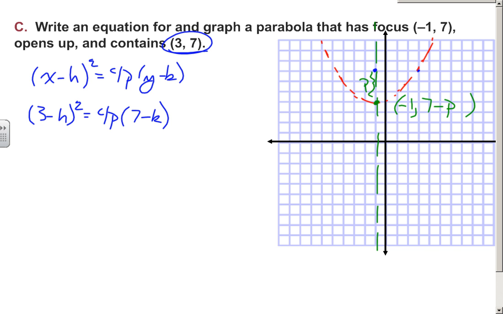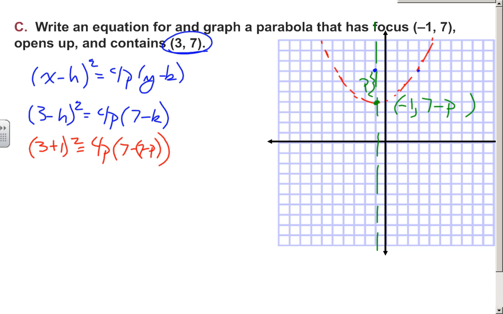So if we plug those into the original, what we have over here already, we have 3 minus negative 1, or plus 1, squared, equals 4p times the quantity 7 minus p.